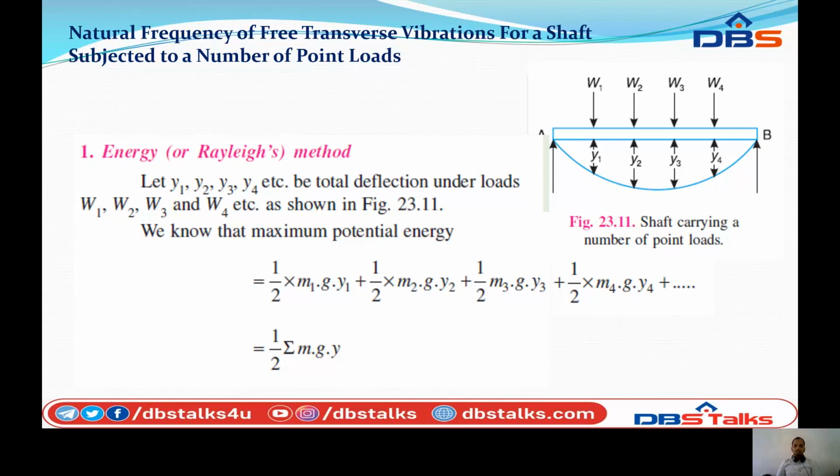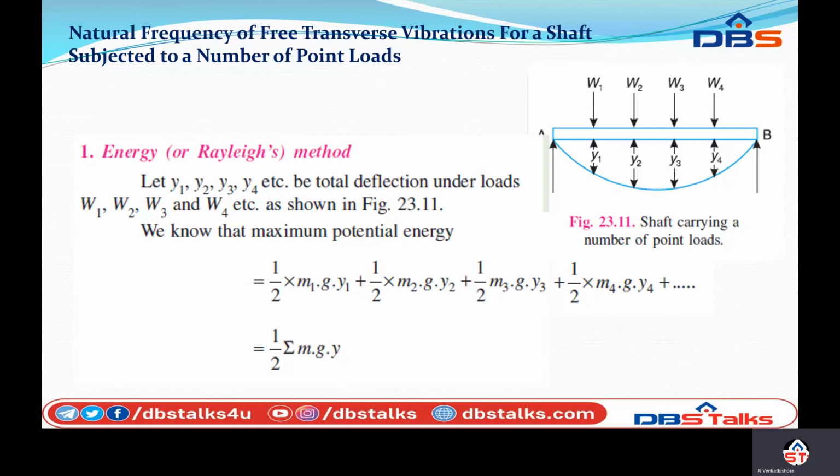The deflection for a single point load is y1, plus 1 by 2 m2 g into y2. Like that, for however many loads are applied and their corresponding deflections. So finally, that is the relation we found: half into sigma of mgh, that is, half sigma of mgy.